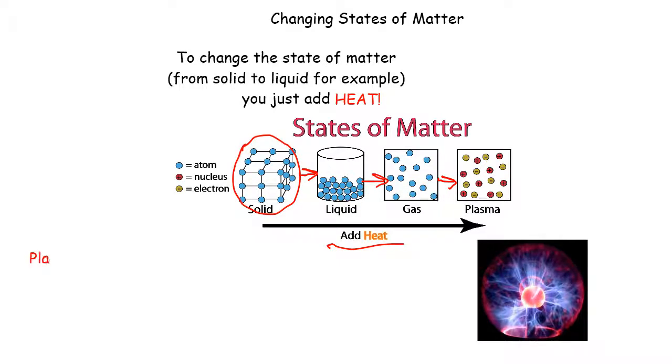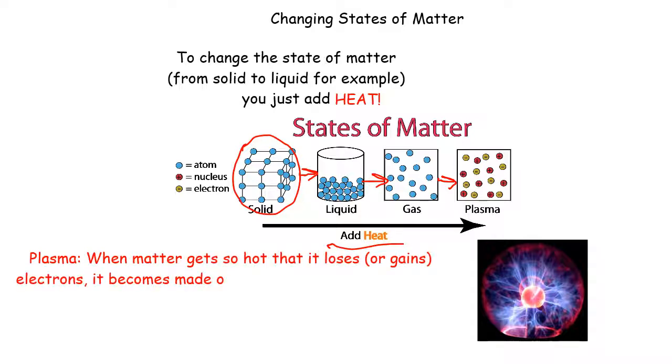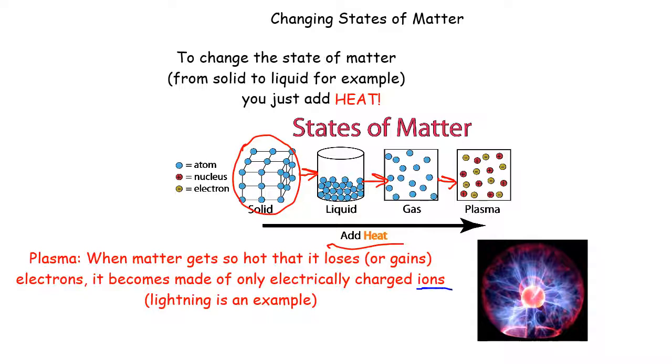Now, a plasma is when matter gets so hot that it loses or gains electrons, and it becomes made only of electrically charged ions. Lightning is an example. We learned the other day about ions. Remember that ions are atoms who have too many or too few electrons. In the case of lightning, what happens is that the air rubs together, and it generates a lot of heat on a very small level.